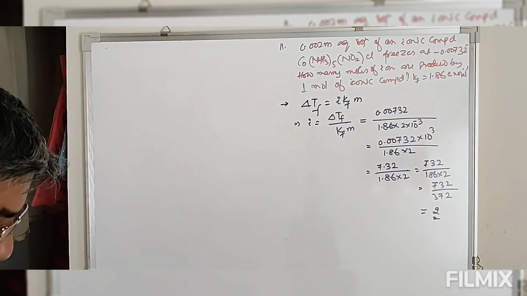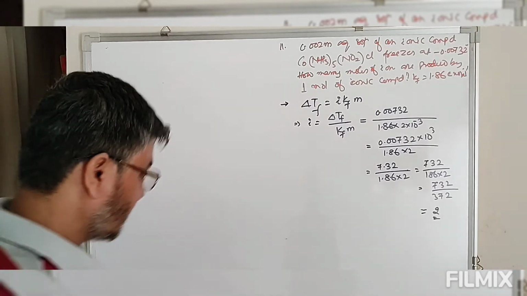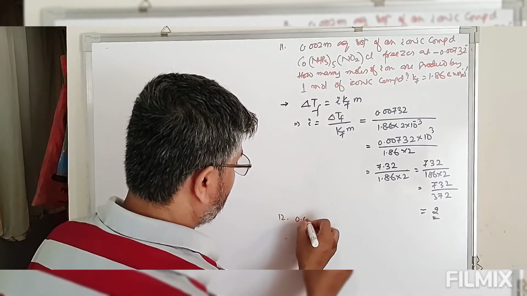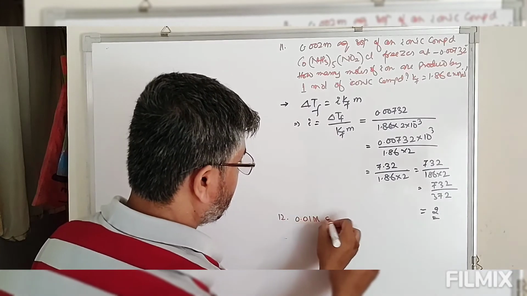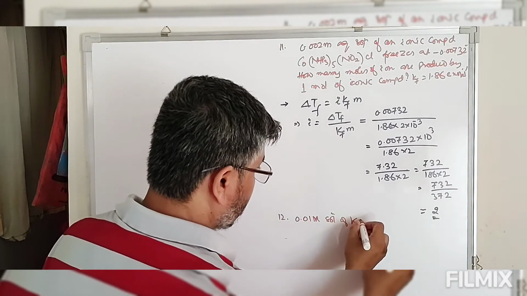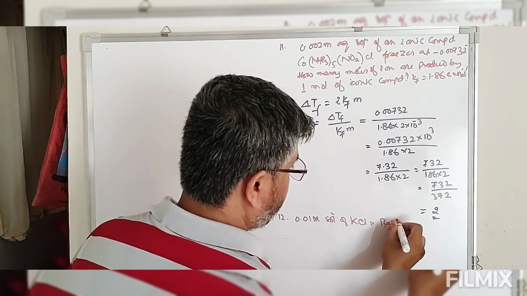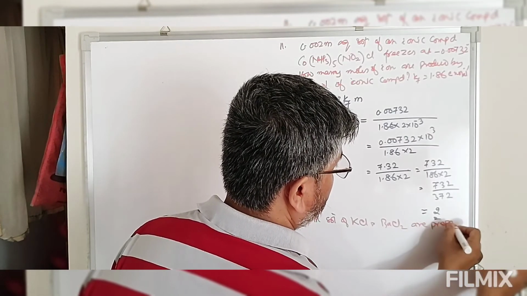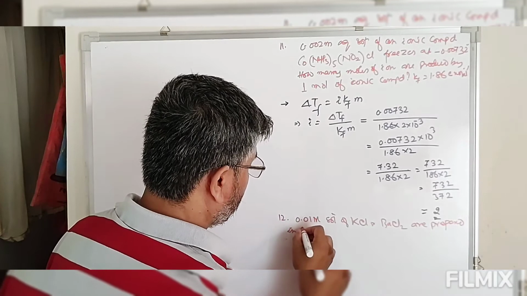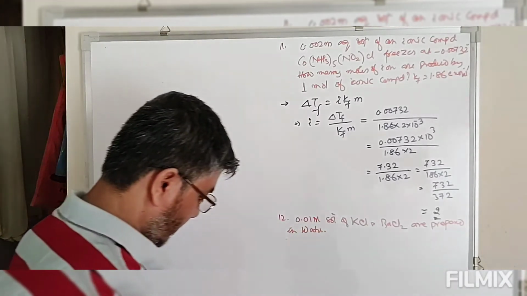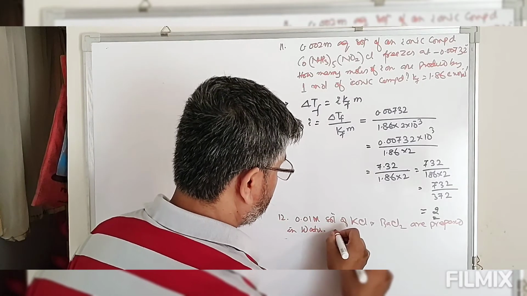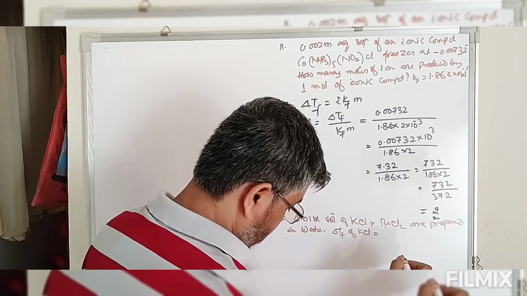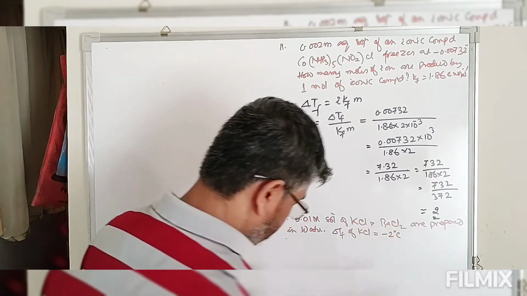Next question. 0.1 molar and 0.01 molar solutions of KCl and barium chloride are prepared in water. The freezing point depression, delta T, of the KCl solution is minus 2 degrees centigrade.